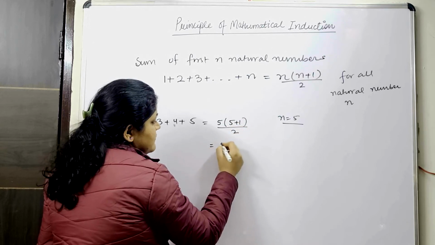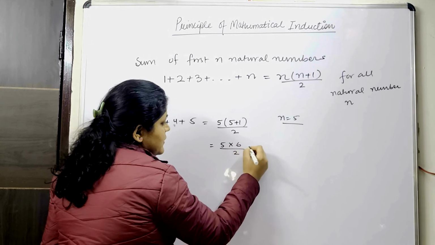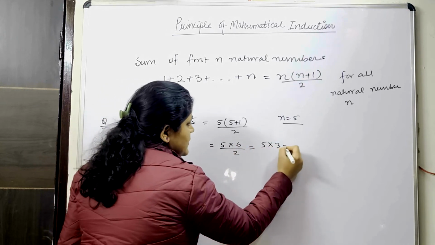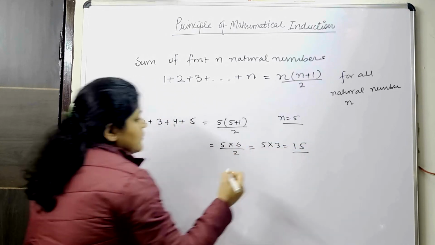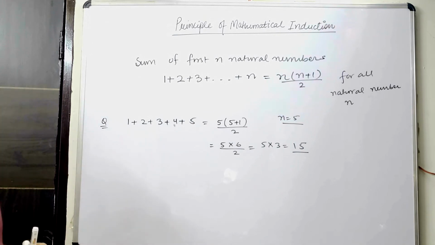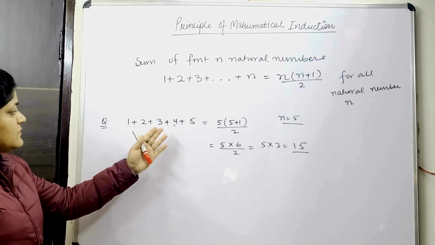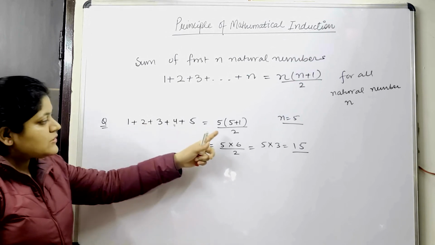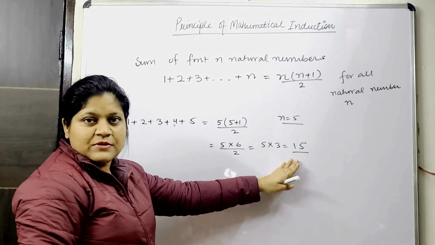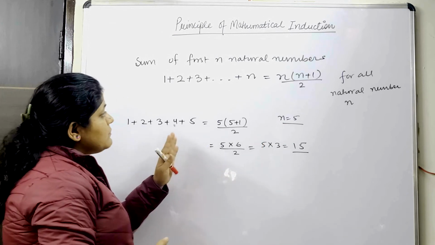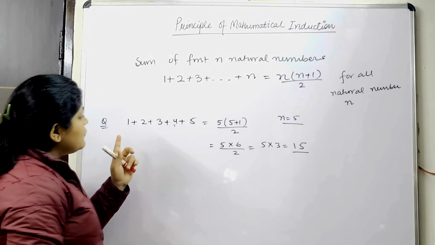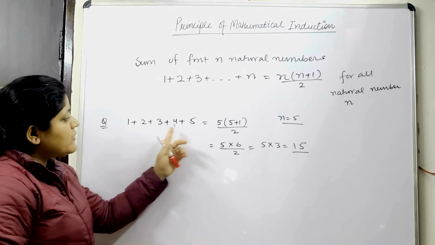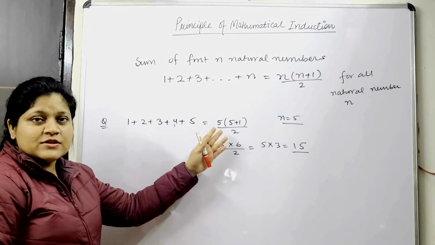So this sum is 5 into 6 divided by 2, that means 5 into 3, which is 15. We can also cross check this by adding these terms. The sum of these terms is 15, and by using this formula the sum is also 15. So when we have to find the sum of the first n natural numbers, we can use this formula.